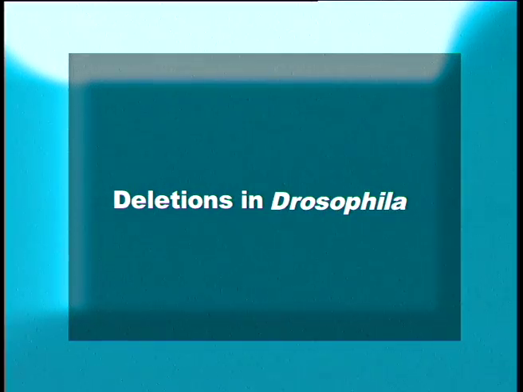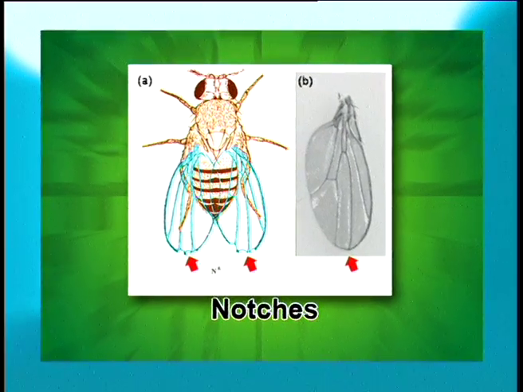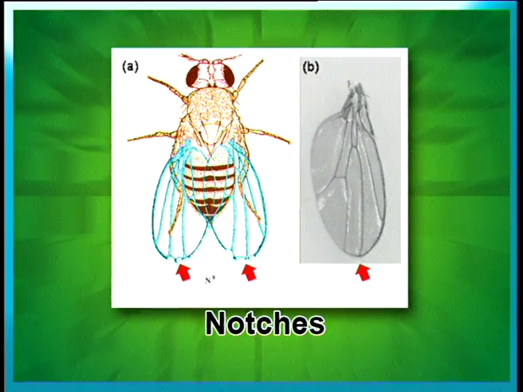Deletions in Drosophila. One more phenotypic consequence of heterozygous deletion can be noted in the mutant Notch phenotype of Drosophila. In these flies, the wings are notched on the posterior and lateral margins.